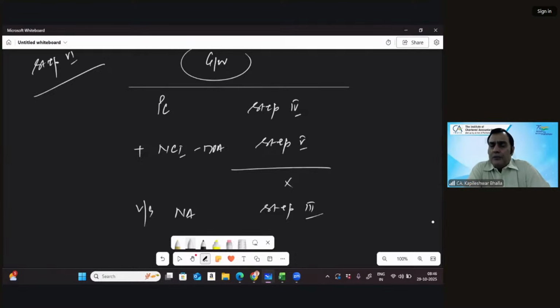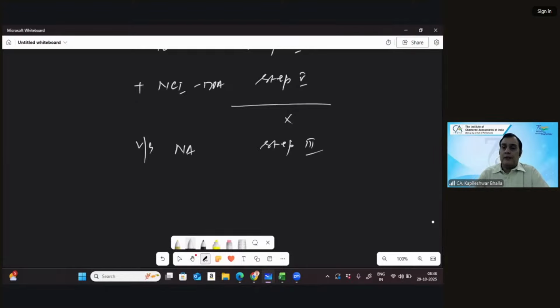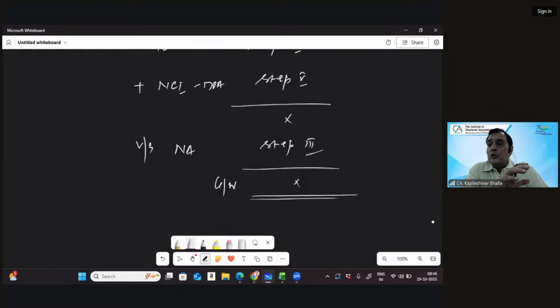So goodwill is all about adding the PC and the NCI, comparing it with the net assets, and you get the goodwill. Once you get the goodwill, there could be some impairment inputs given. One of the common mistakes people make in consolidation, which I'll remind you of later as well, is reducing only the impairment portion of the parent. Remember, in the goodwill calculation, you need to reduce the entire impairment loss, not just the parent's share, but the entire impairment loss itself.